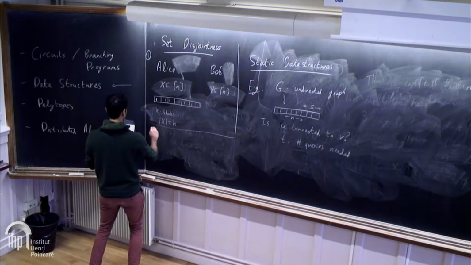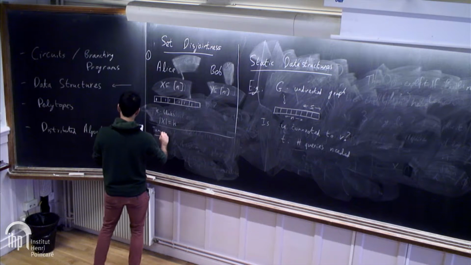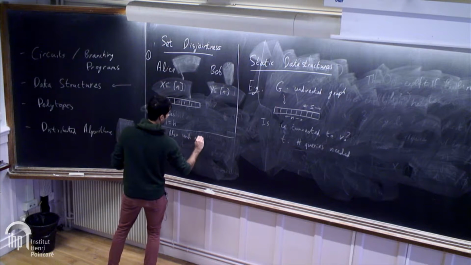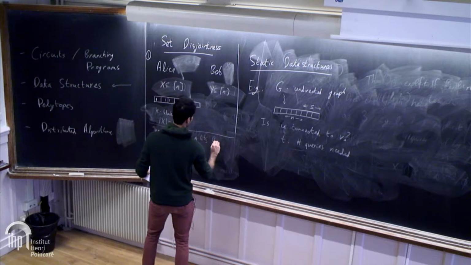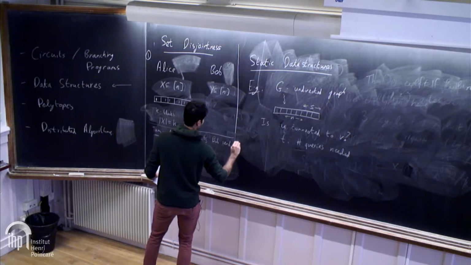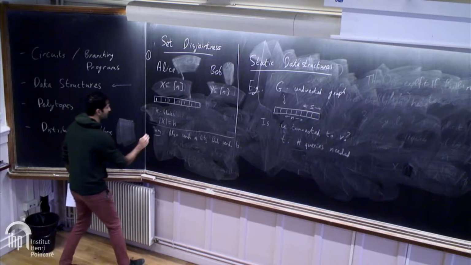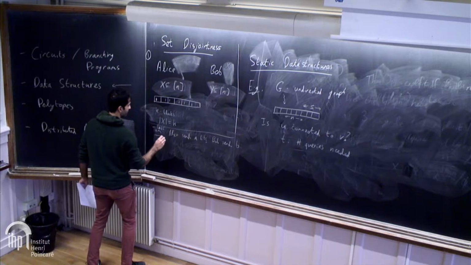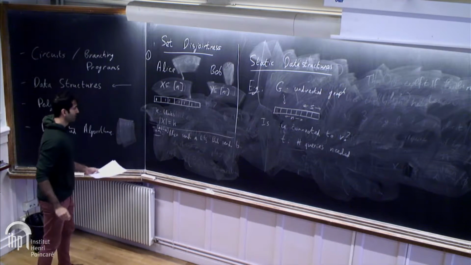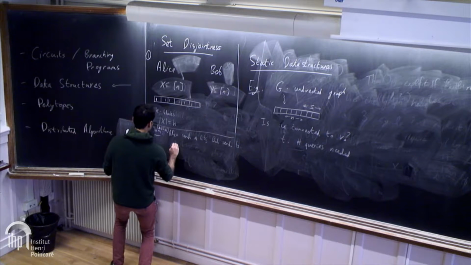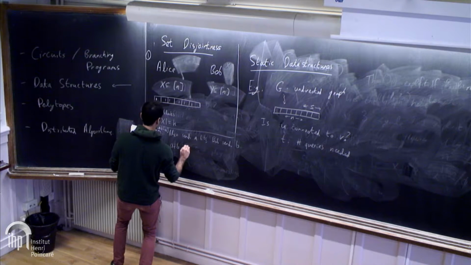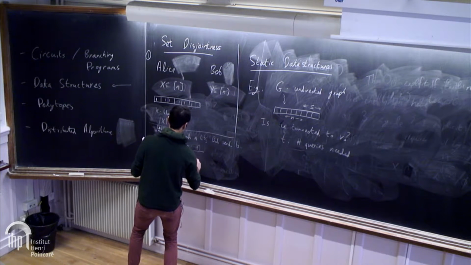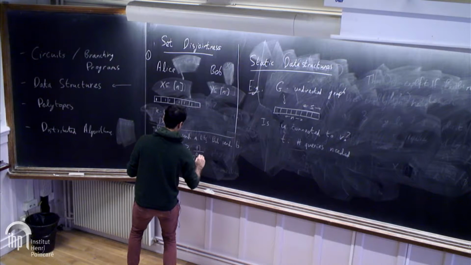So a theorem you can prove, a result of Miltersen, Nisan, Safra, and Wigderson: if Alice sends A bits and Bob sends B bits, then it must be true that A plus B is at least n over 2 to the A over k, plus 1.